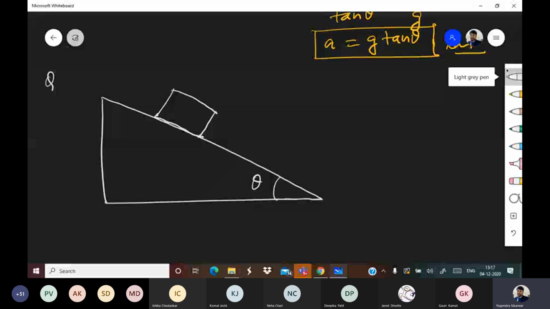This block can slide basically downward. This is a smooth surface. Okay. Now there is a string. This is a pulley.